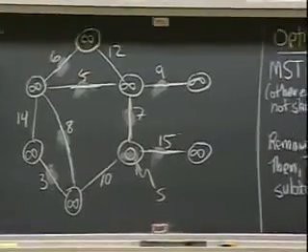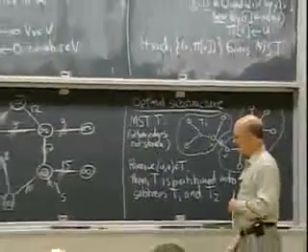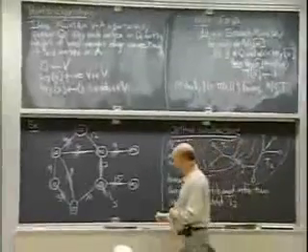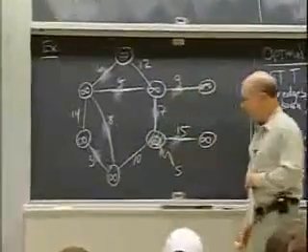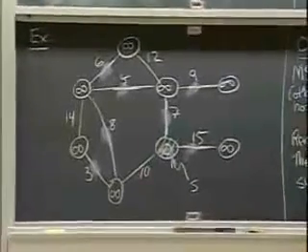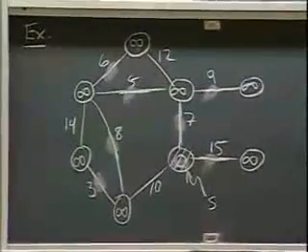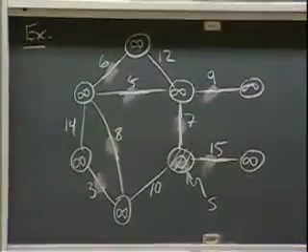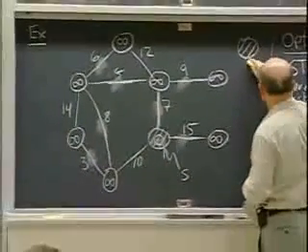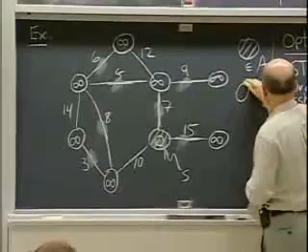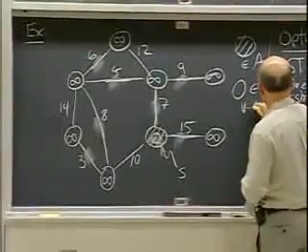And now what I do is I execute extract min. So basically, I'll just shade him like this, indicating that he has now joined the set A. So this is going to be A. And this is an element of V minus A.